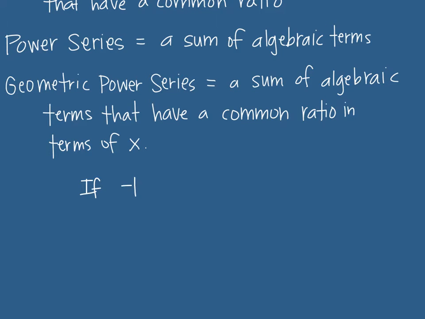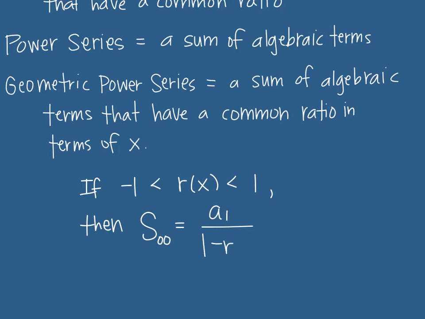If r of x is between 1 and negative 1, if it falls within the interval of convergence, so therefore r of x is now an expression based on x, then we can still find the infinite sum, which would be a sub 1 over 1 minus r of x. So it's just expressed as a variable instead of a specific number.